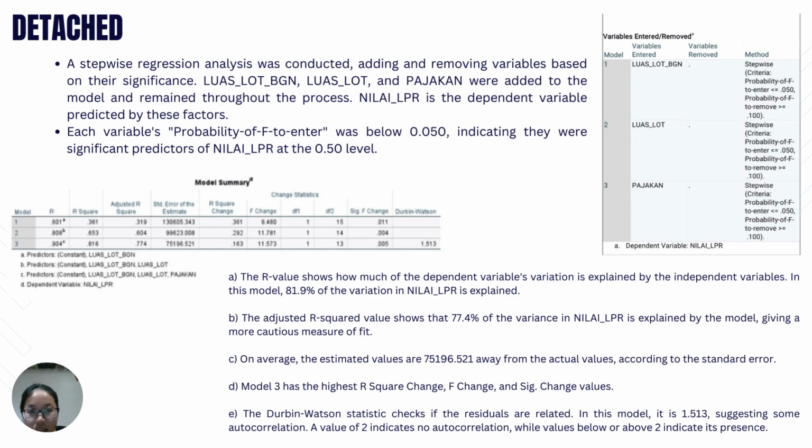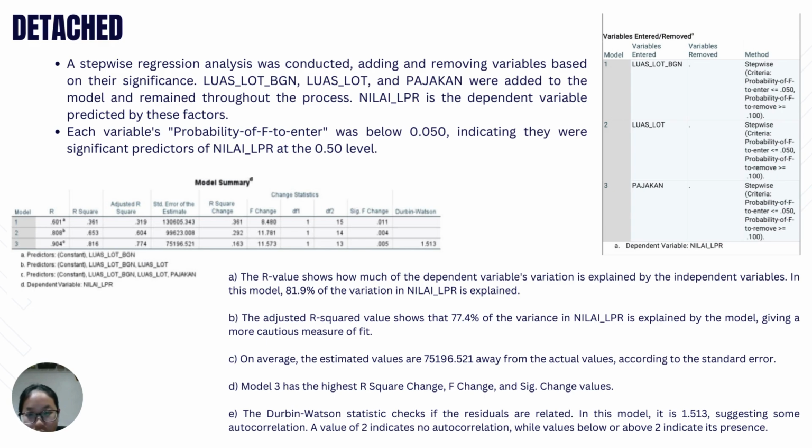Nilai LPR is the dependent variable predicted by these factors. Their variable probability to F was below 0.050, indicating that they were significant predictors of nilai LPR at the 0.15 level.